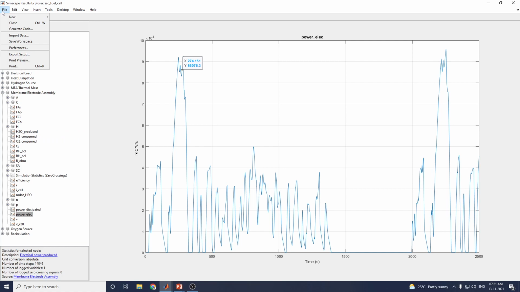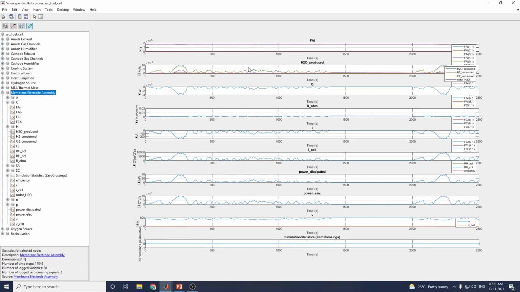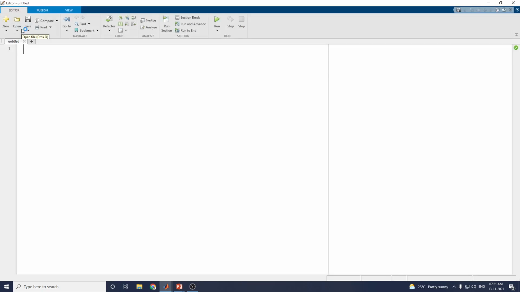After that we can generate code also. A Matlab script also you can generate. For example, this is the membrane electrode assembly output for all. Now I am able to generate the code for this output. Okay, now you can see the Matlab code is automatically generated.